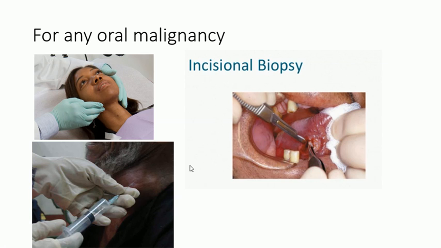Then after you have localized the growth, you want to do an incisional biopsy. That is, you don't take out the entire mass, you just take out a part of the mass to send it for histopathological examination.